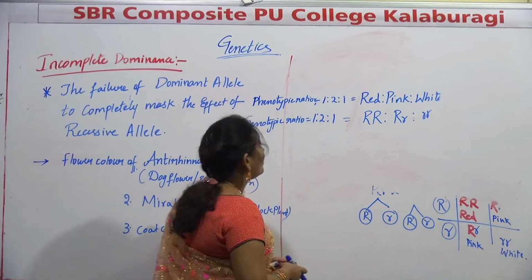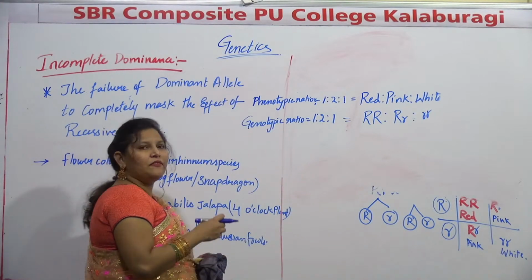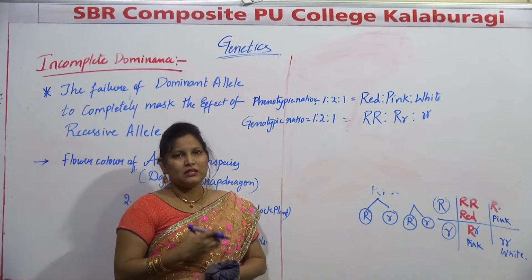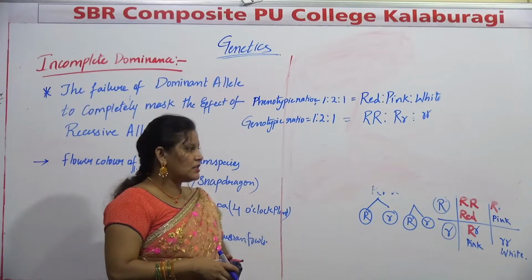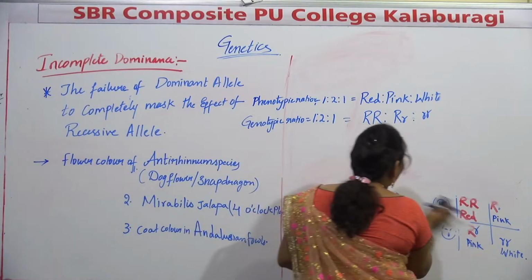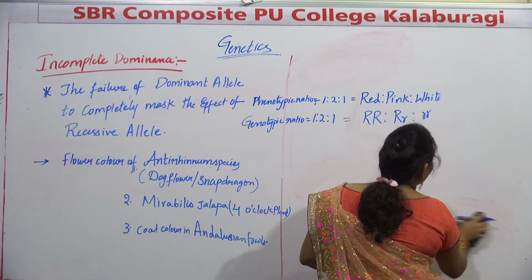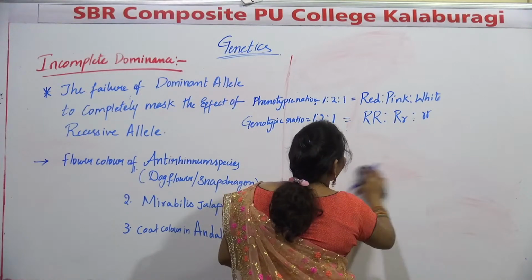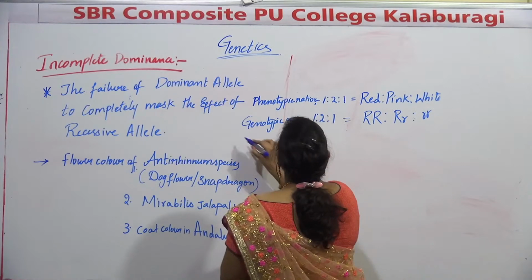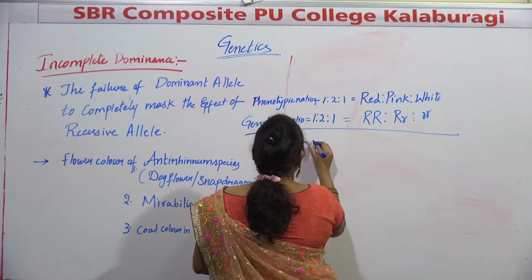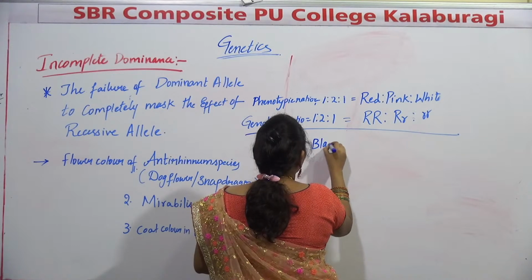So the phenomenon in which the phenotypic ratio and genotypic ratio are the same is incomplete dominance. If you see the inheritance pattern of even the coat color of Andalusian fowls, the same ratios, feather colors, when homozygous black.